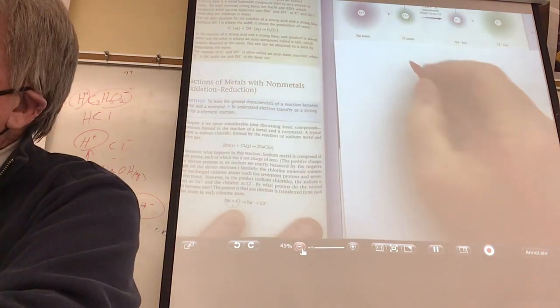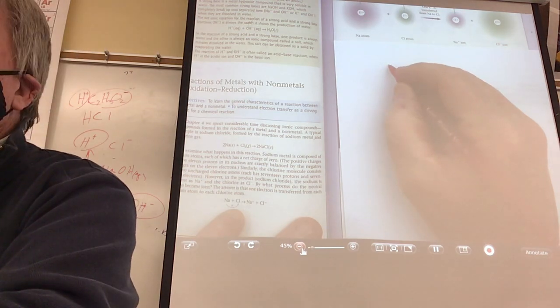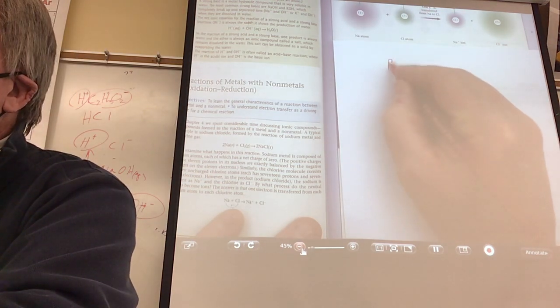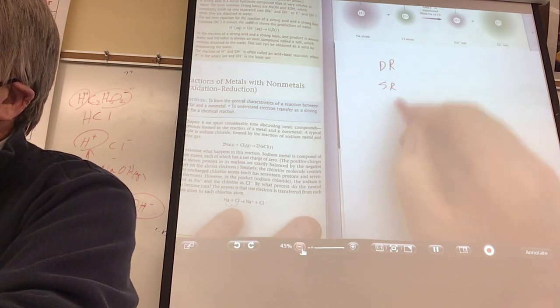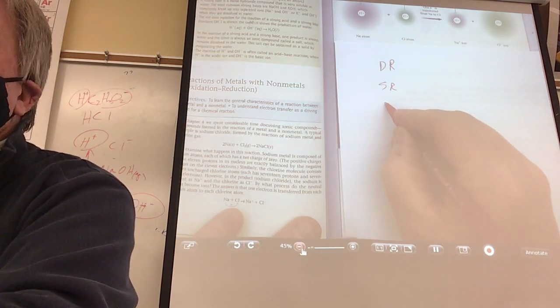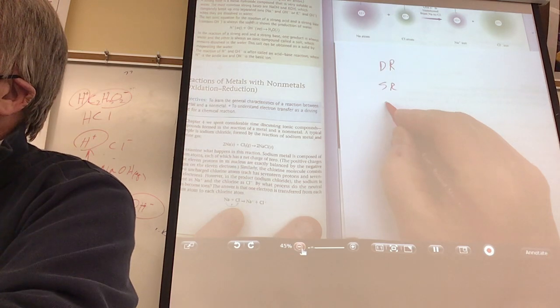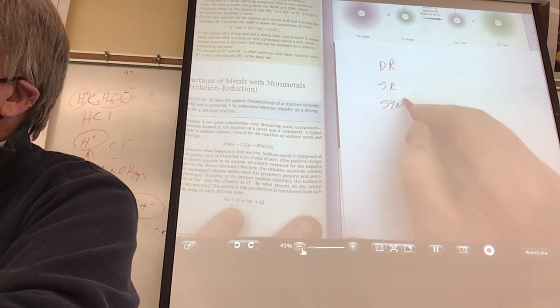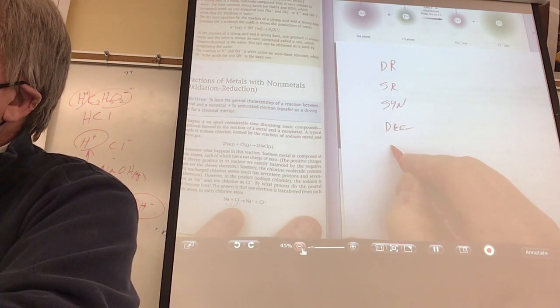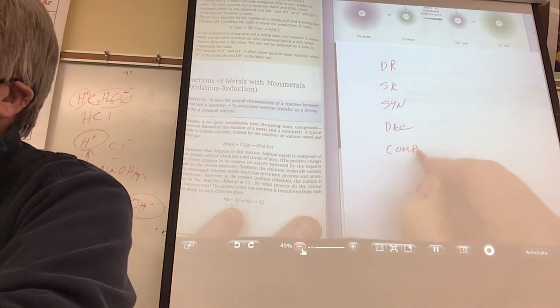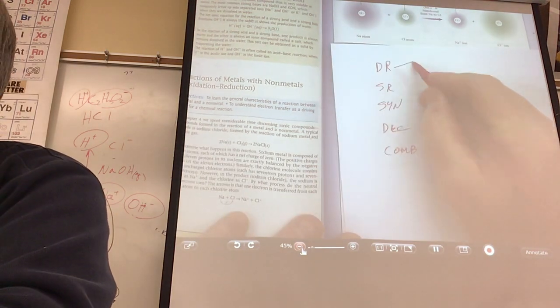So here's my little device here. Tell me about the kinds of reactions. We said double replacement, single replacement. What's another one? Synthesis. What else? Okay, one more. Guess what? There are two kinds of double replacement.